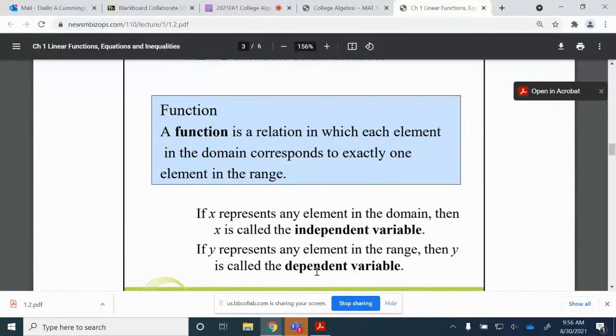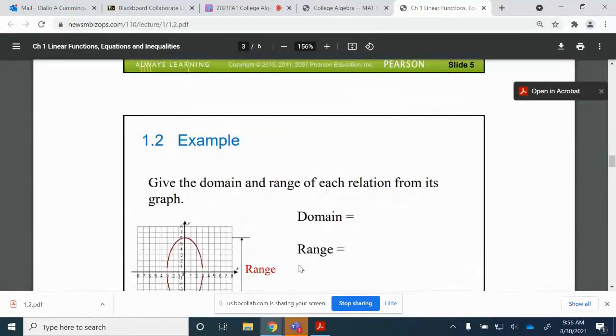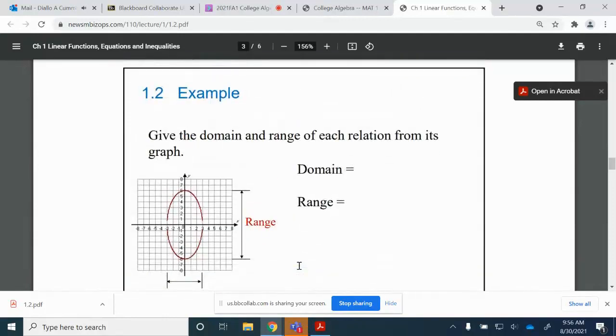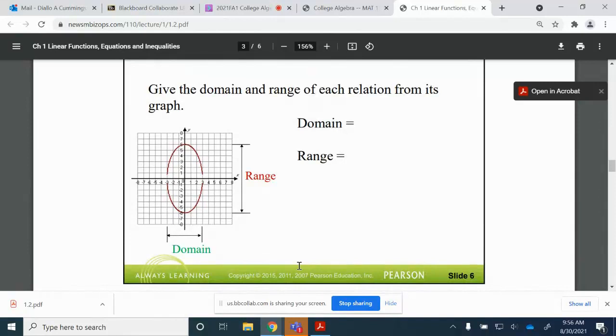All right, so now we're going to take a look at a function. And we're going to determine if a graph is a function. We're going to look at this function concept under a few umbrellas. First, you'll have to determine if a relation is a function.